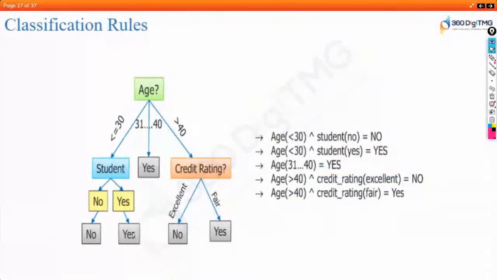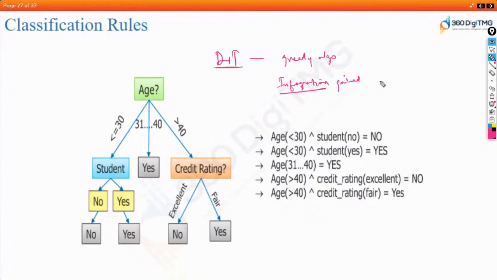And when we split it further, these are the 5 rules that we are getting generated. So this is decision trees, which is basically called a greedy algorithm. We are applying a greedy algorithm, wherein we are trying to extract the information gain, right?